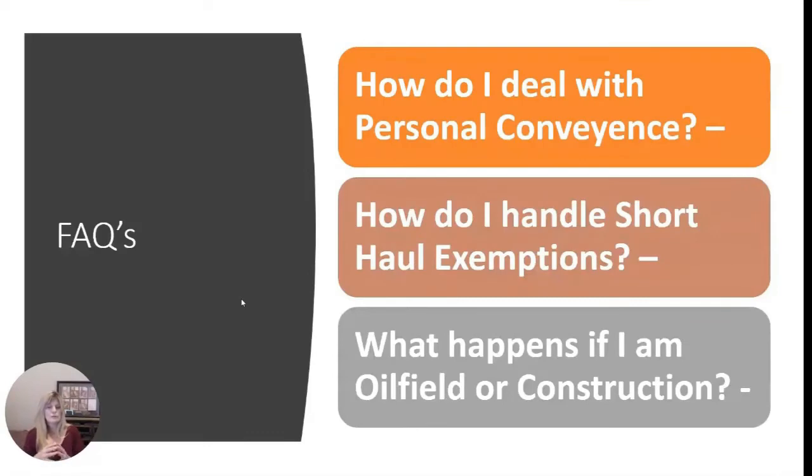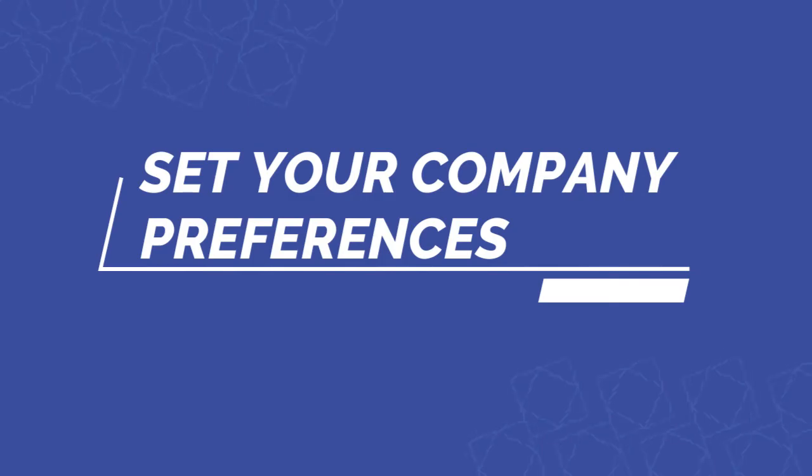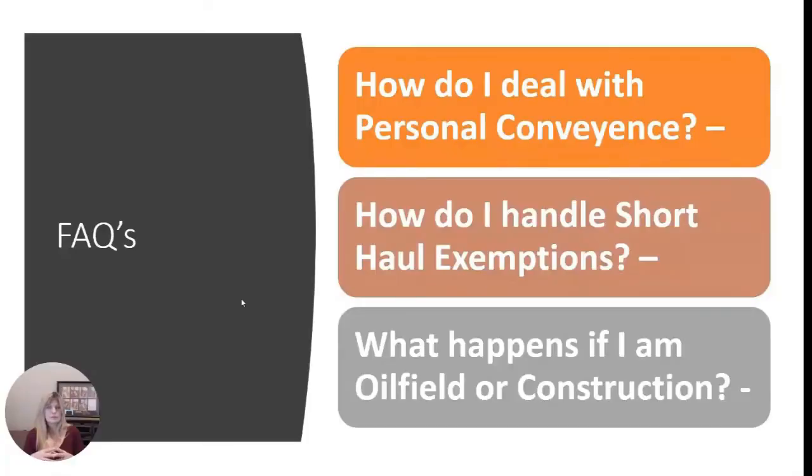It's a very, very easy rule set. Right away, in any ELD provider that I've seen, you're going to go through and set up your company preferences. Some of them do it under the driver profile. Some of them will do it under the company's profile. You just have to go in and let the system know that you qualify for oil field exemption. Just keep in mind, your system doesn't know your operations.